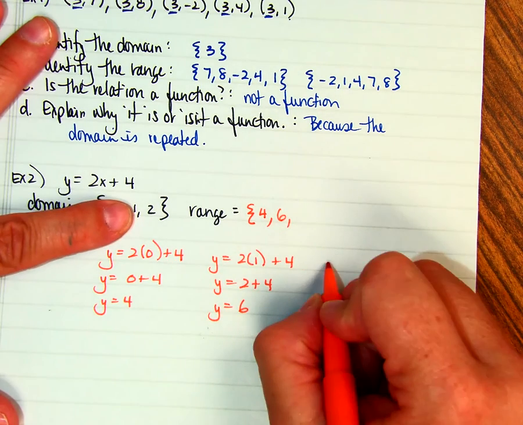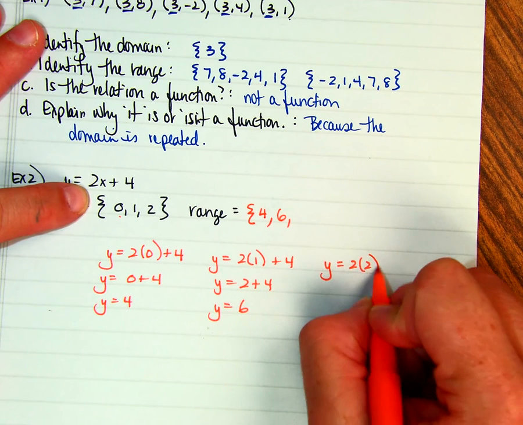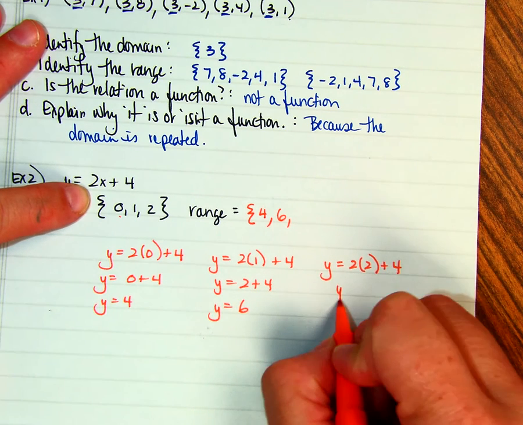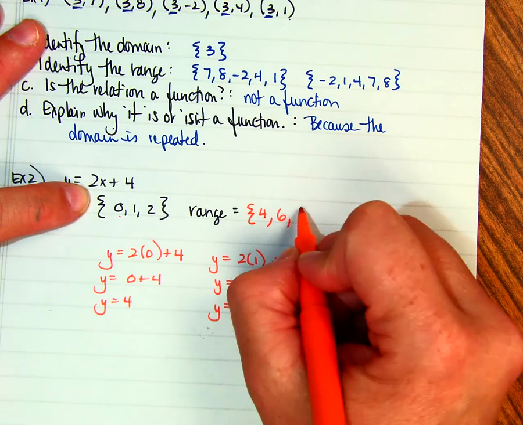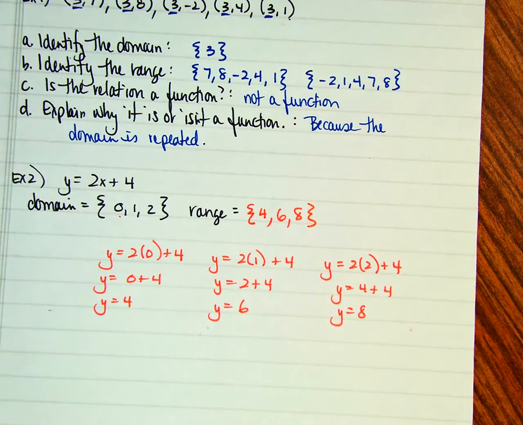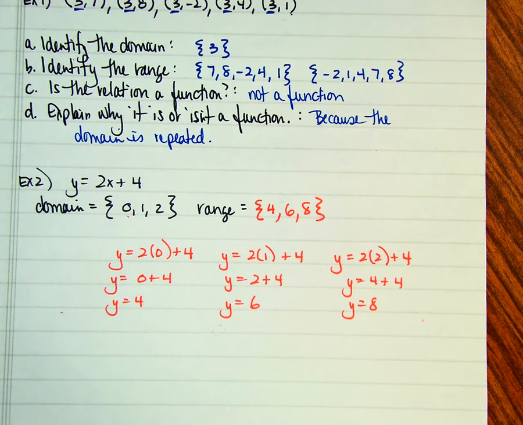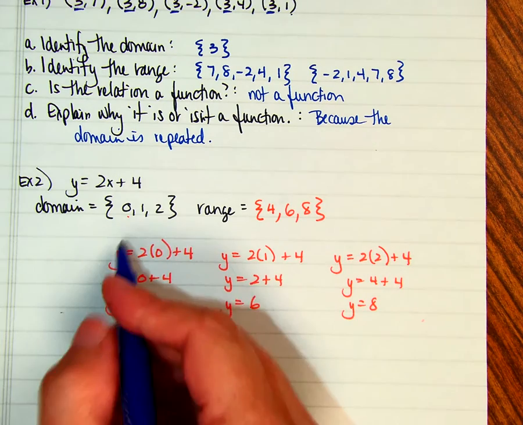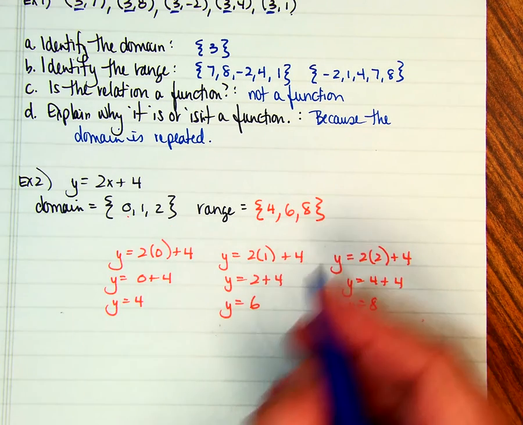And then when x is 2, I get 8. So if I'm given my domain, I can find the range. Keep in mind this also means that if I give you x, then you can find f of x.